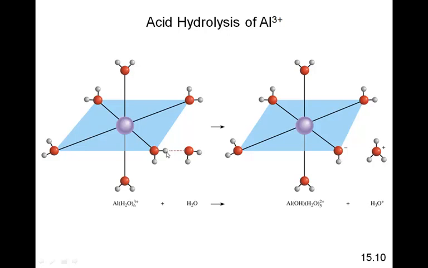And here, this hydrogen is undergoing hydrolysis. It's being pulled away by this water molecule, forming the hydronium ion. And the ion, which now is Al(OH)(H2O)5, with a 2+ charge instead of a 3+ charge, because we lost the positive charge, so that means it reveals an extra negative charge.